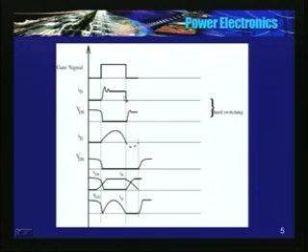So the area should be the same, for the same power maybe. Therefore definitely the peak current should be higher. So in other words, peak current through the device has increased.